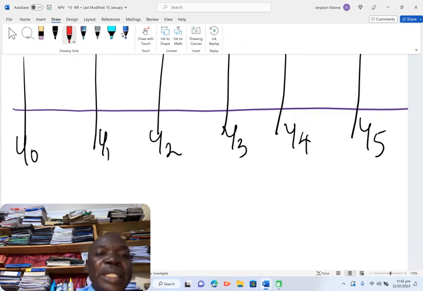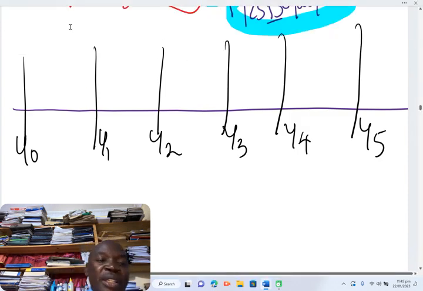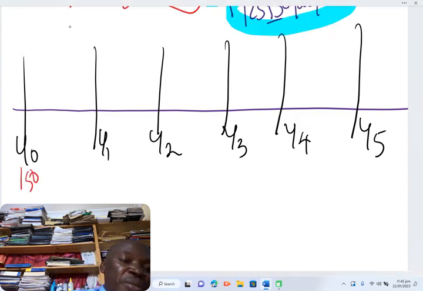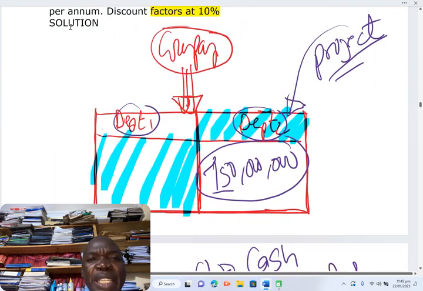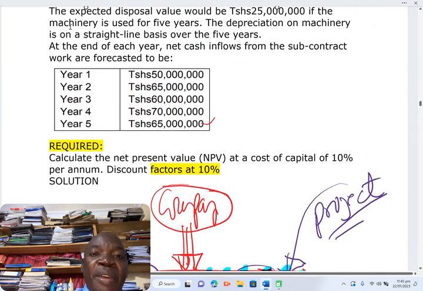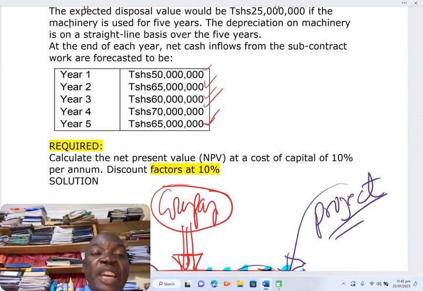Now, what is in year 0? It is 150 million as an investment. And we are expecting to receive from the project 50 million, 65 million, 60, 70, and 65 in year 1, year 2, year 3, year 4, and year 5.